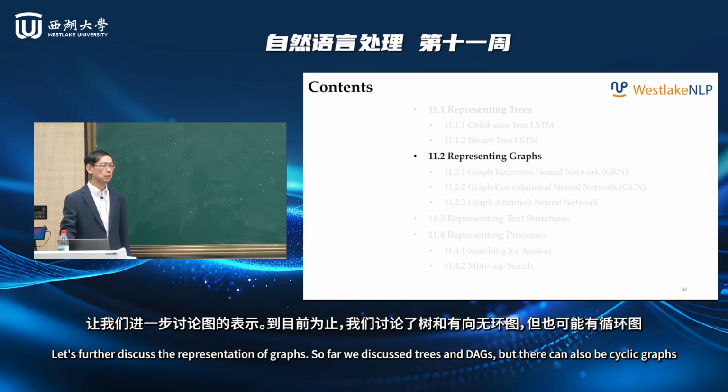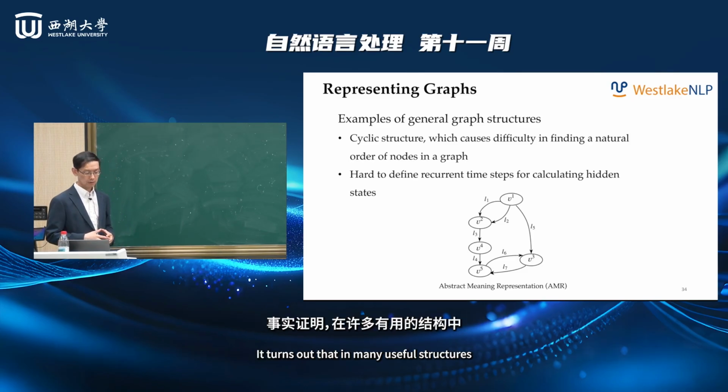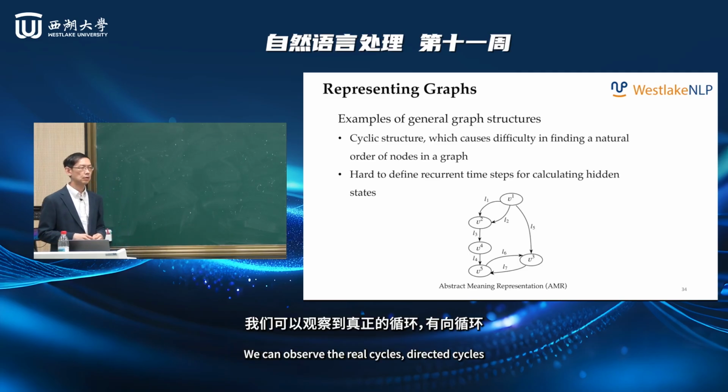Let's further discuss the representation of graphs. So far, we discussed trees and DAGs, but there can also be cyclic graphs. It turns out that in many useful structures, we can observe real cycles, directed cycles.